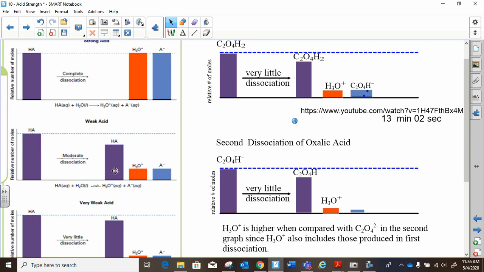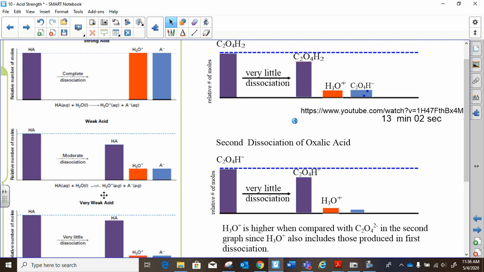So you still have about 70 of the HA, and that 30 up here has broken apart and formed these two ions. Okay, so these are all the red and blue still together, and the ones that did break apart are down here. And you should notice the height here is the same as the height lost here. Okay, so that's a weak acid. And you'll note it's a double-headed arrow, meaning it's going in both directions.